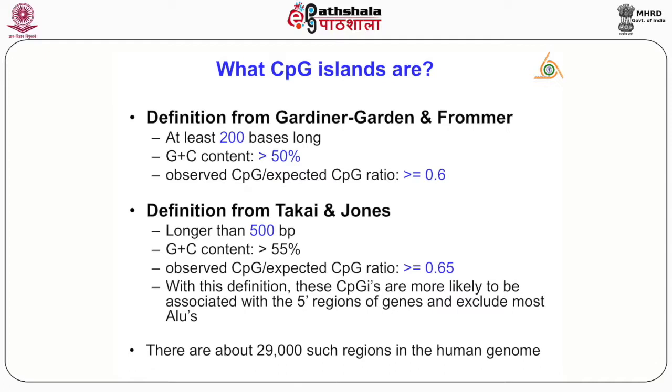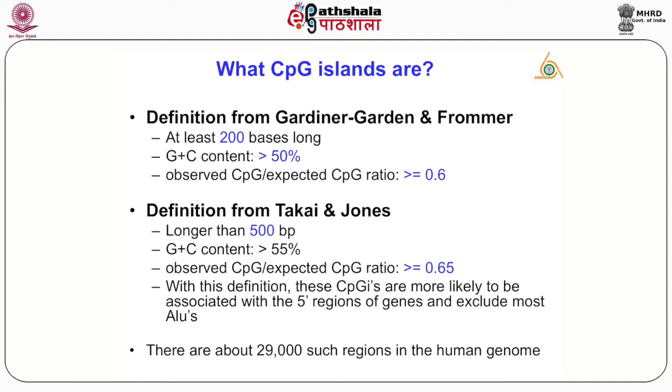The observed to expected CpG ratio is greater than or equal to 0.6, while as per the Takai and Jones definition, the region should be more than 500 base pairs, GC content more than 55%, and observed to expected CpG ratio greater than or equal to 0.65.